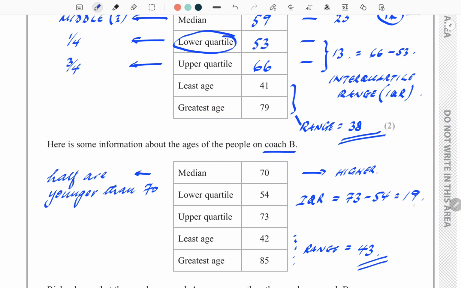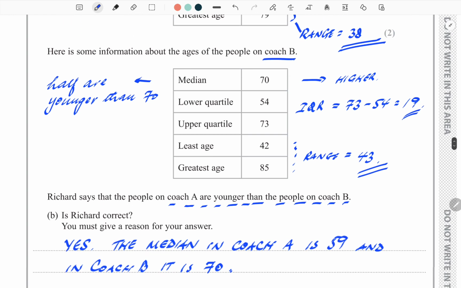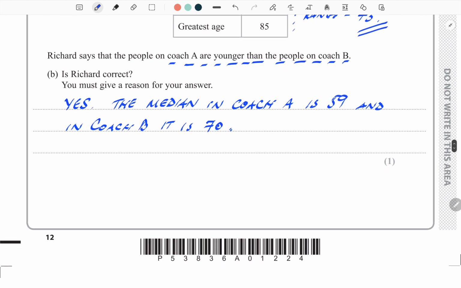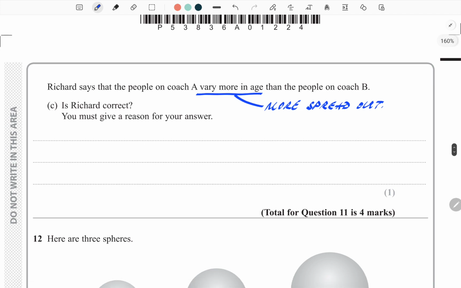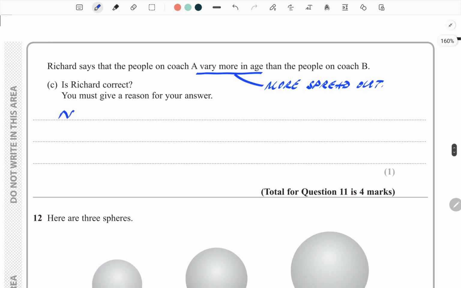And this is also verified by the interquartile range: the people in coach B have a higher interquartile range than in coach A. Both of those measures, range and interquartile range, show you how spread out the data is. So in this case, Richard is not correct.